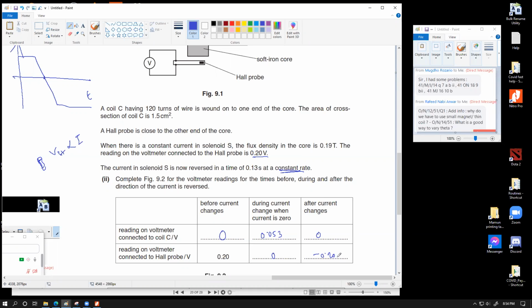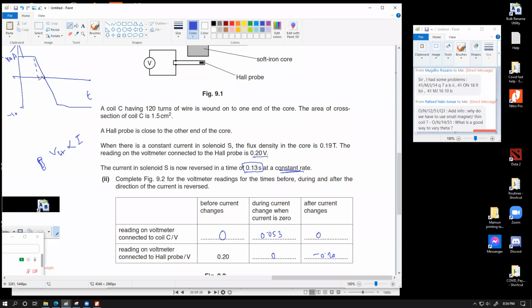Sir, when I did it initially, where you wrote 0.053, I wrote the half value because I thought half the time, so half the voltage change. No. Here's the thing. The question says that S is now reversed within a time of 0.013 second at a constant rate, which means, let's say if this was 10 ampere, although pretty unlikely, this is going to be minus 10 ampere.